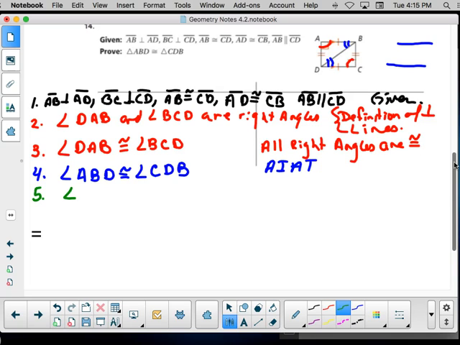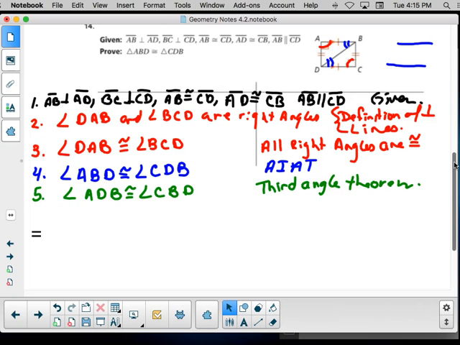That angle ADB is congruent to angle CBD because of third angle theorem. Okay, now I got one more thing to say. I've got this side.